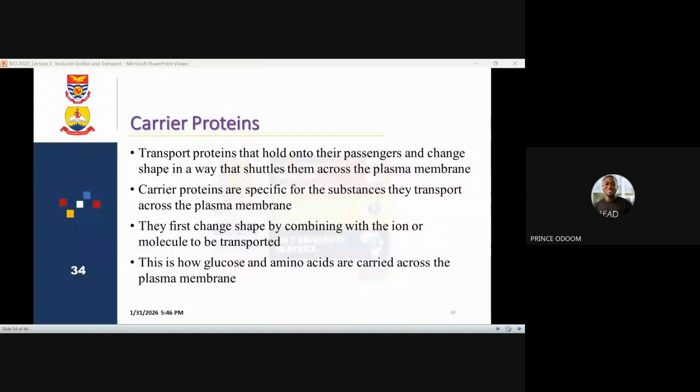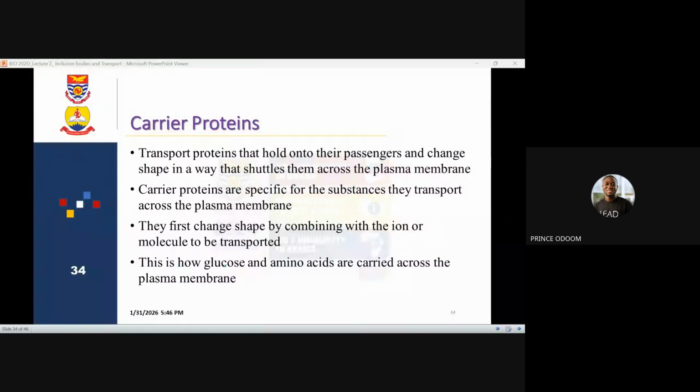So you could see that if there's an instance where the carrier proteins responsible for carrying glucose are absent, there will be a deficiency in transport of glucose. A typical example is what we'll look at in the future.